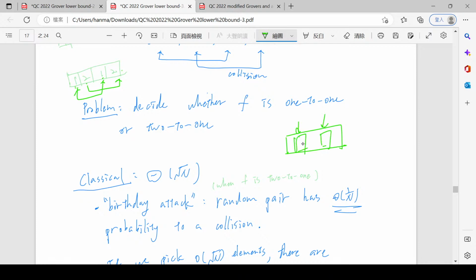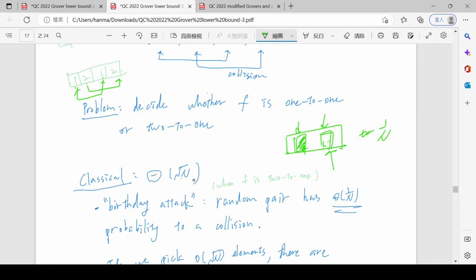Fix one, then what's the probability that this thing equals that thing? Well, that's about probability 1 over n, because everything has a collision. There are totally n things, so the probability that this happens to be a collision of this thing is 1 over n. So any random pair being a collision has probability 1 over n.